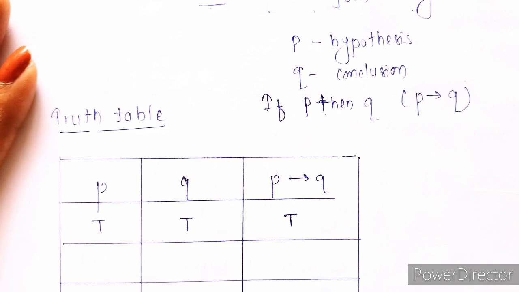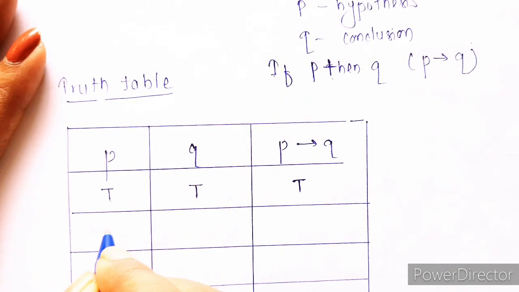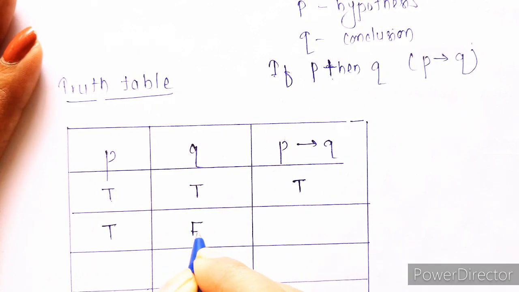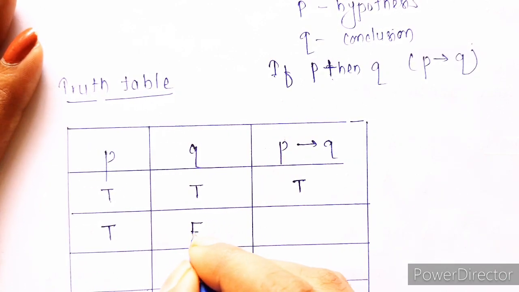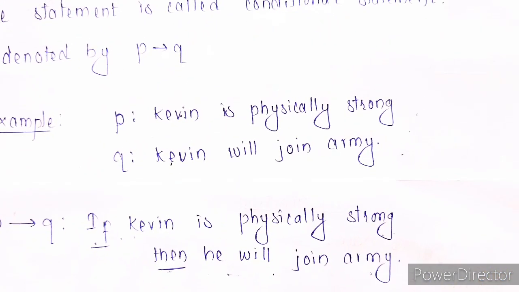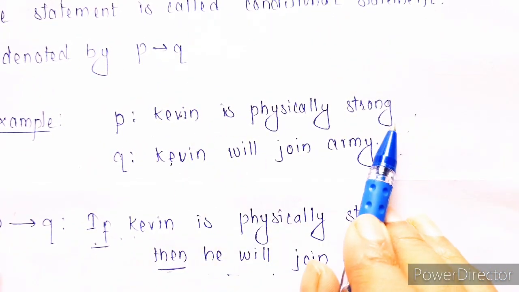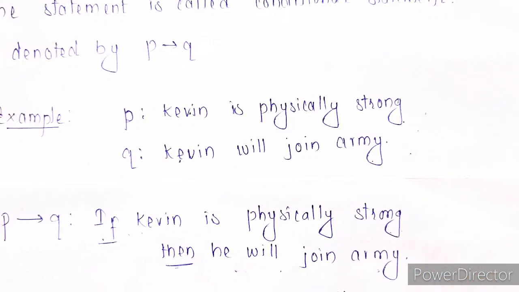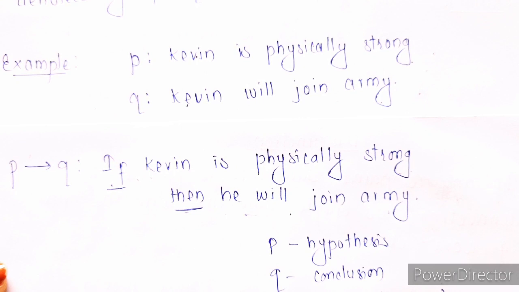Now in the second case, let us assume that P is true, the first sentence is true, and the second is false. So Kevin is physically strong is true, but Kevin will join army is false. But in implication we are saying if Kevin is physically strong, then he will join army, but he is not joining army.